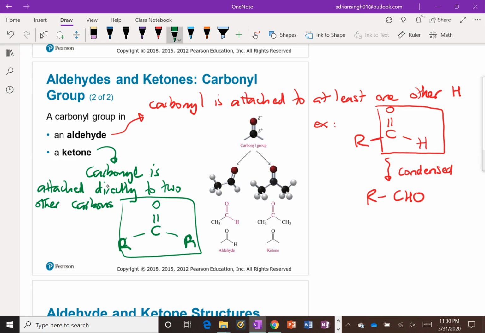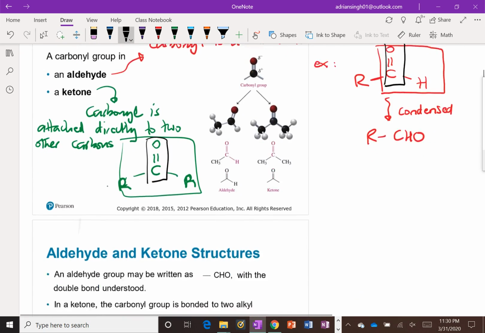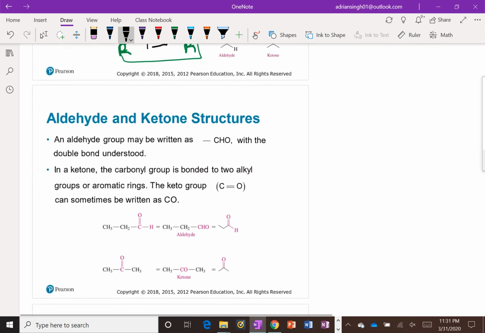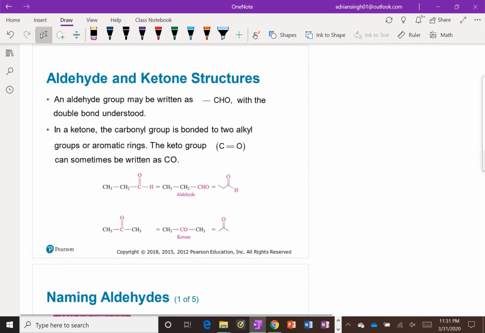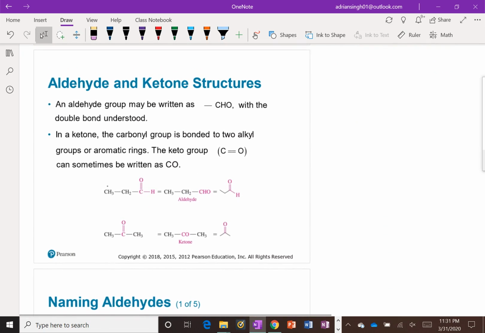All right, so both of them, the ketone and the aldehyde, will possess the carbonyl, the C double bond O. What makes them different is in a ketone, that carbonyl is surrounded by two carbons. In an aldehyde, the carbonyl has at least one hydrogen attached to the carbon of the carbonyl. So the aldehyde group, we mentioned, can sometimes be written as CHO.